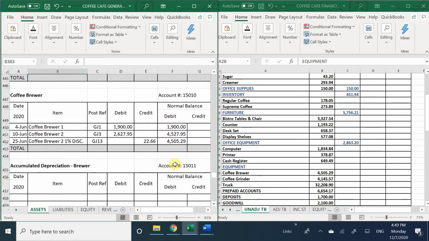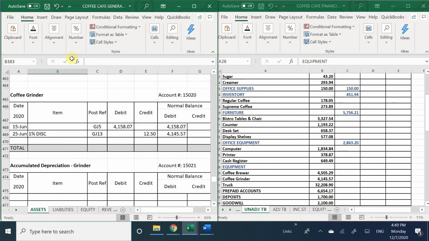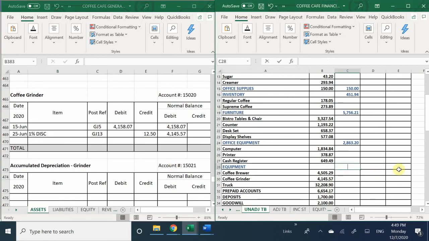Let's see here what that is. No. What about my coffee grinder? No. Okay, so here we're just going to add up these two to get $8,656.86. All right.